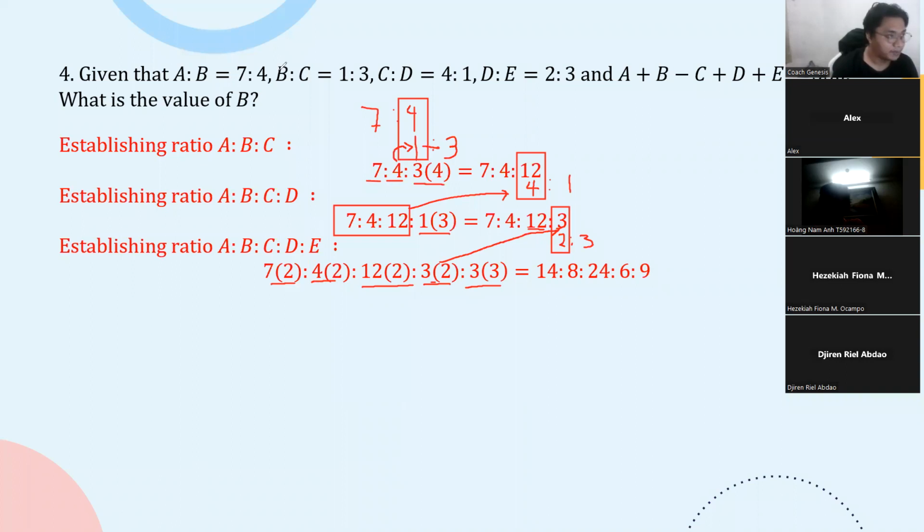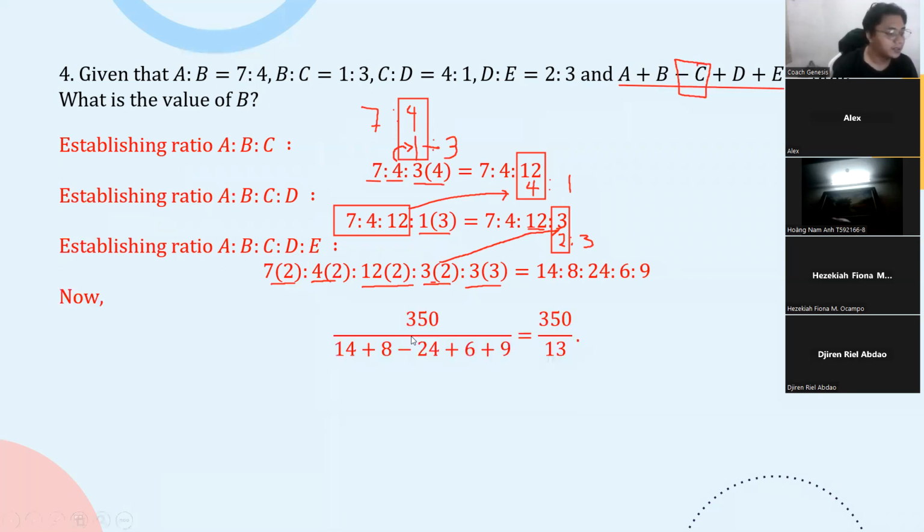Now, observe that all of this is not actually a sum. One is a difference, which is C. So what we can do is we divide 350 by 14 plus 8, and then you subtract 24 because you have minus C, plus 6 plus 9.